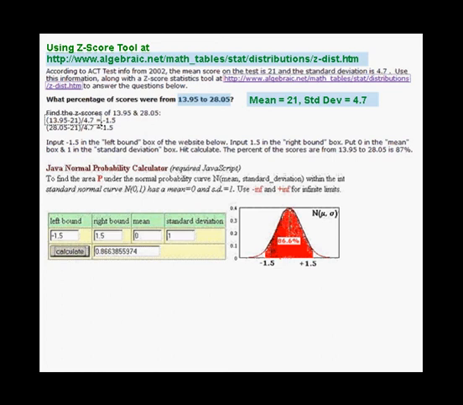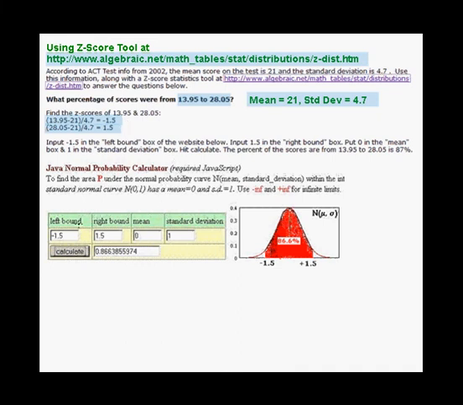We get 13.95 minus 21, divided by 4.7, and we get a z-score of negative 1.5. We take the higher value, plug it into the z-score formula, and we get 28.05 minus 21, divided by 4.7, is positive 1.5. Those are the left and the right z-scores.